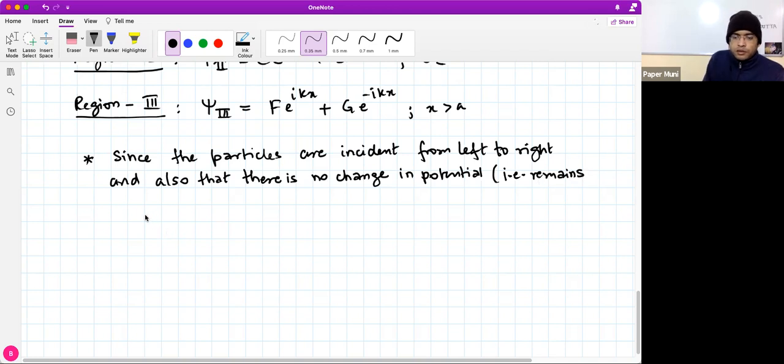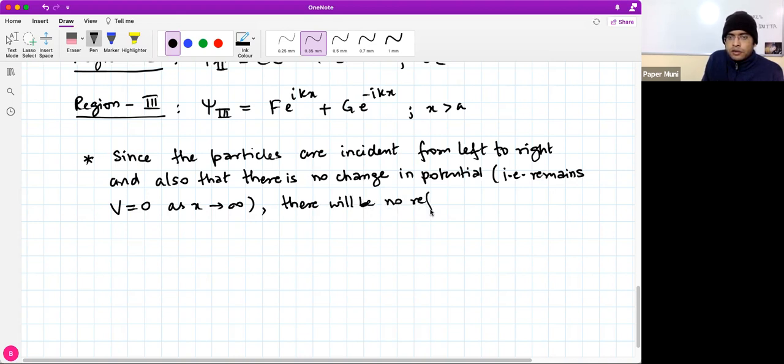So in this case, the potential remains v naught as x tends to infinity. So this continues to be v naught. All right, so there will be no reflected wave.